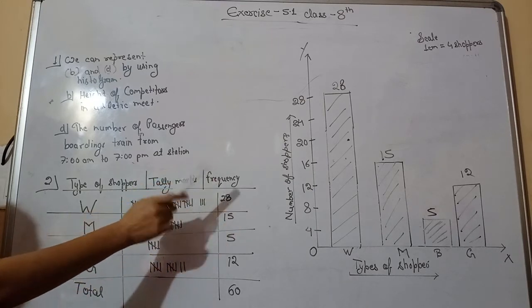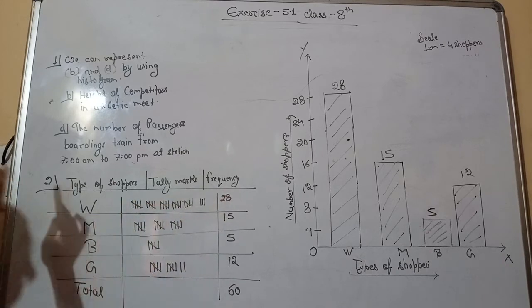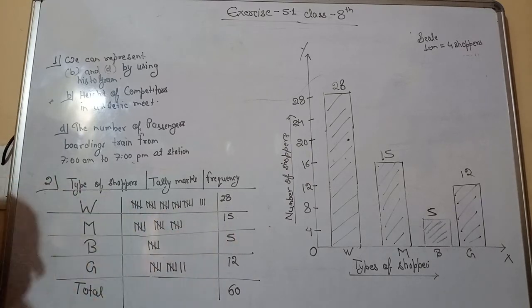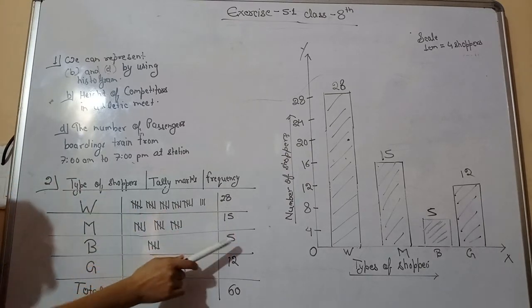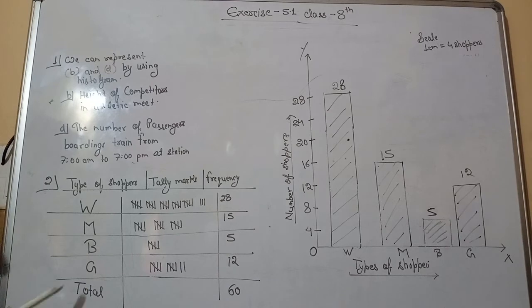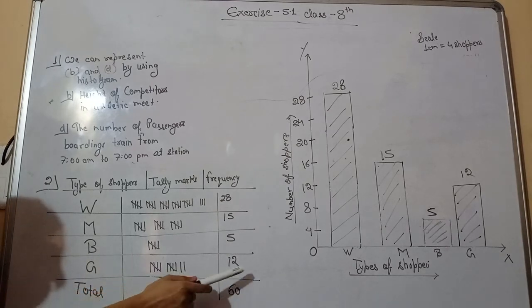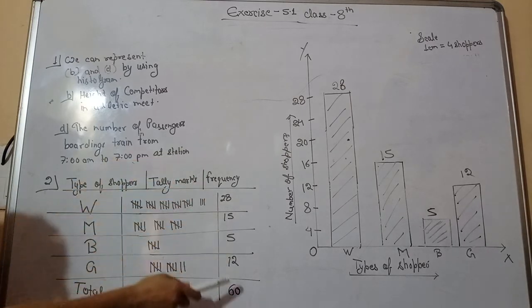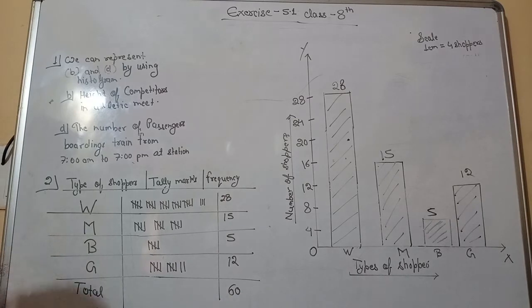So the frequency, the number of total shoppers who are women, is 28. Similarly with men, 5, 10, 15, there are a total of 15 men shoppers. There are a total of 5 boys who came for shopping, and 5, 10 plus 2, 12 girls. When we add all the shoppers, we get 60.